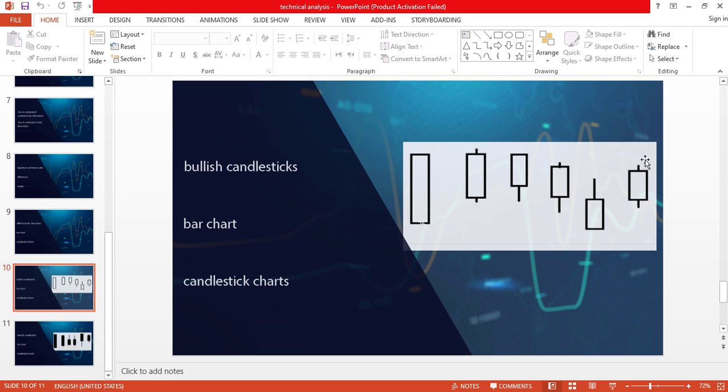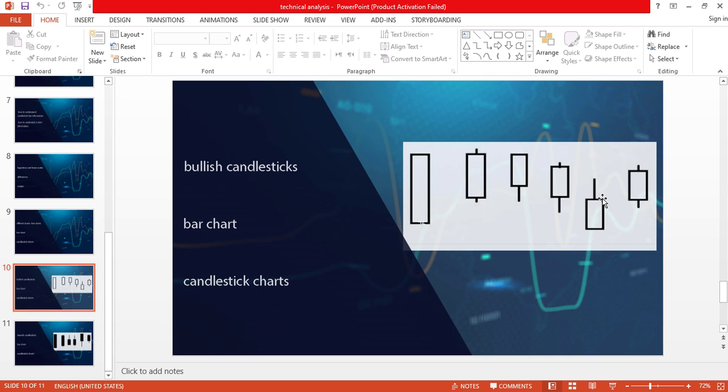Another candle is this type of candle and this type of candle. The price started from here, increased to here, and from here decreased to here. It is an upward candle, but it is a little dangerous.